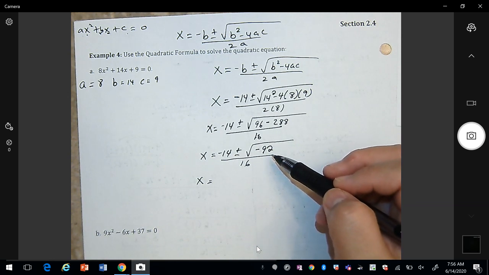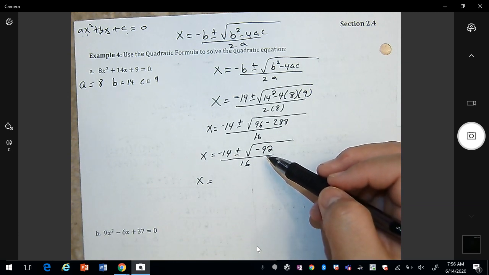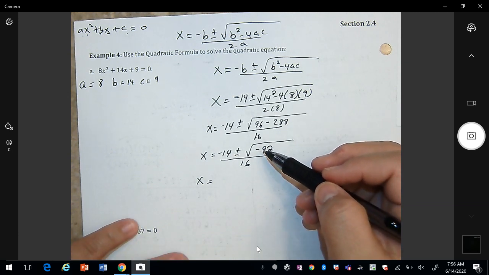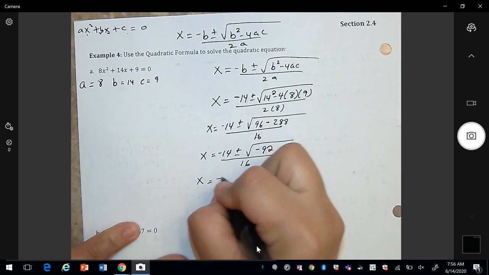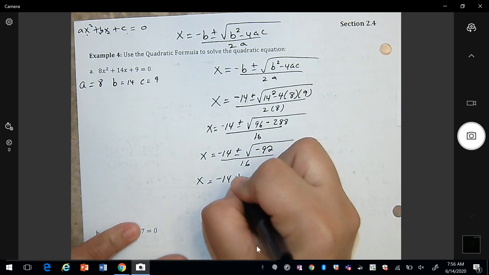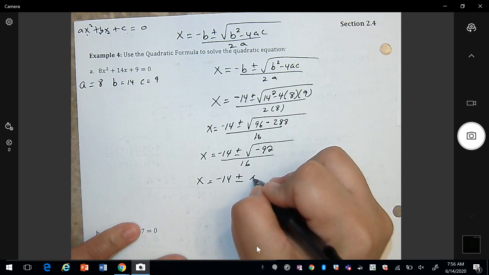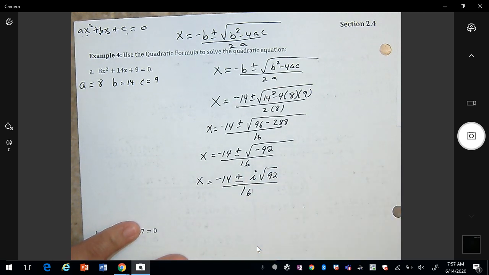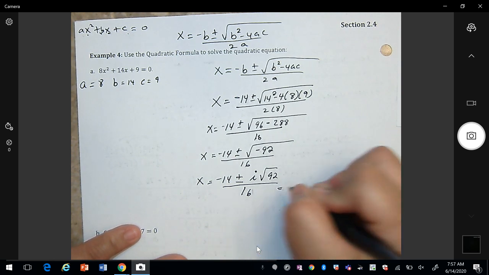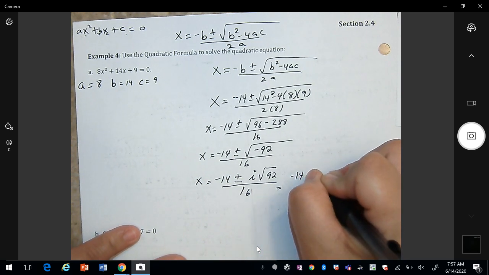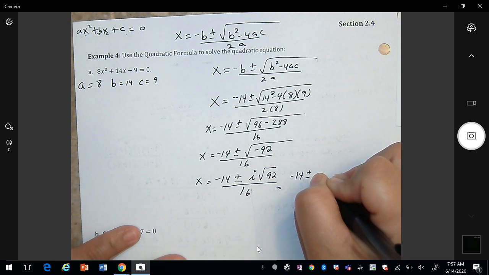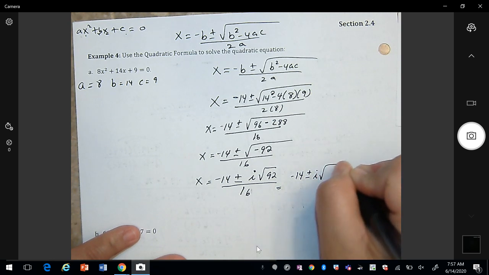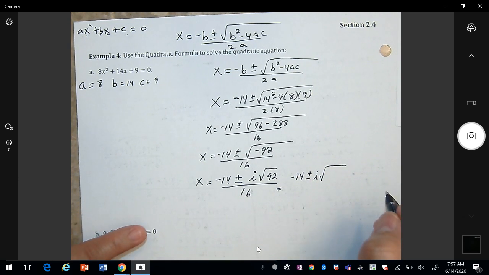Notice that here we have a negative in the square root, so we can use imaginary numbers to simplify further. So we get negative 14 plus or minus the negative. I can take care of it by bringing out an i. And then I want to try to rewrite 92, so I can try some numbers. 92 divided by 2 would be 46, and none of them are perfect.